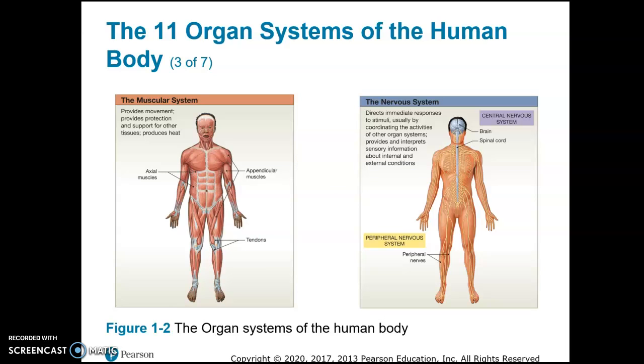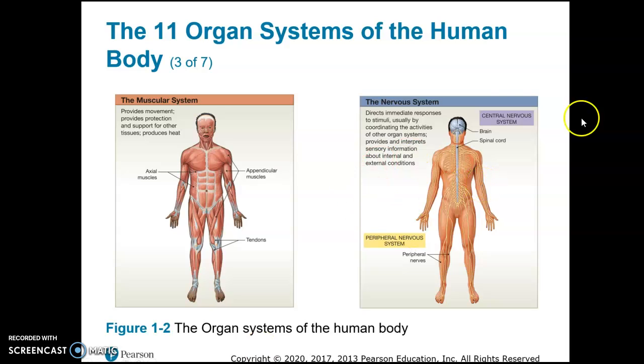Then we have the nervous system, which consists of the central nervous system, brain and spinal cord, and the peripheral nervous system, which is your nerves. And the nervous system controls other body systems by electrical impulses. We call those action potentials.